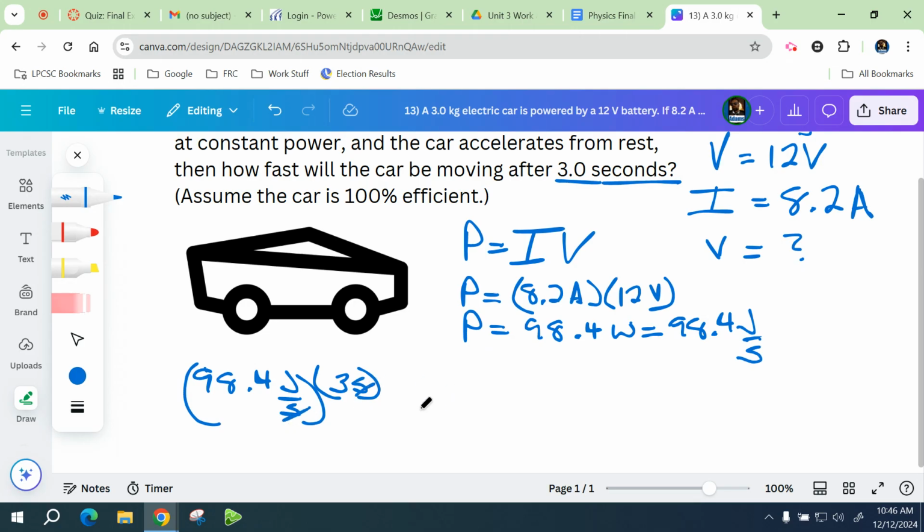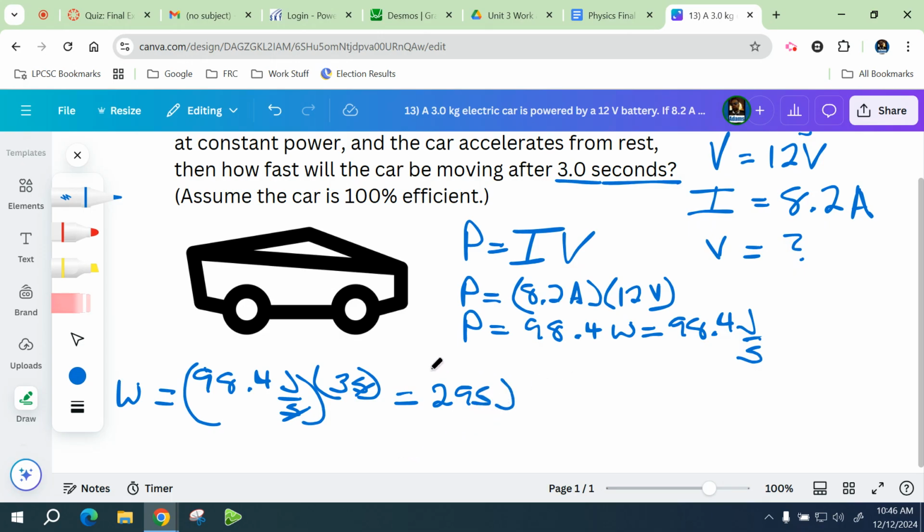And what that does is that is energy, but it's also the amount of work that gets done, right? Let me back up. If you do that on a calculator, it's 295 joules roughly.